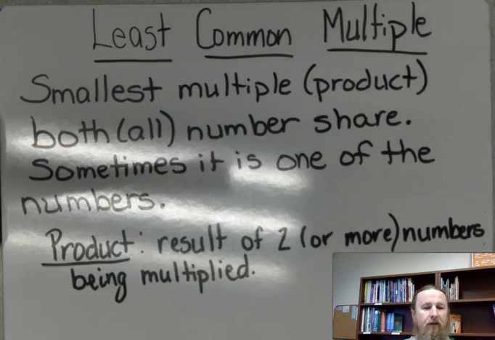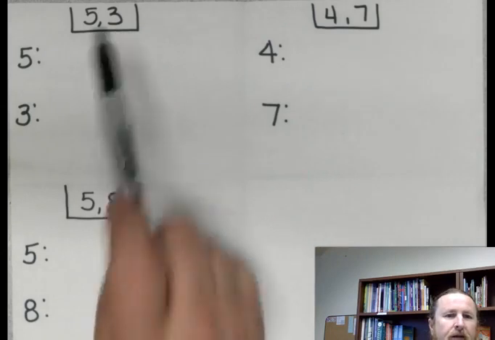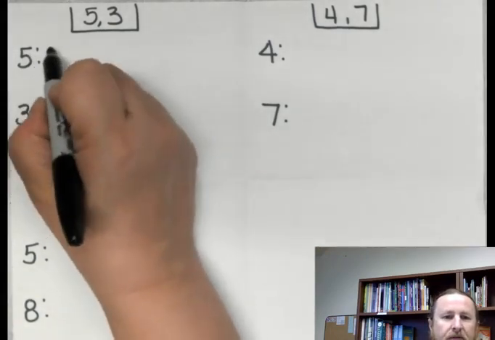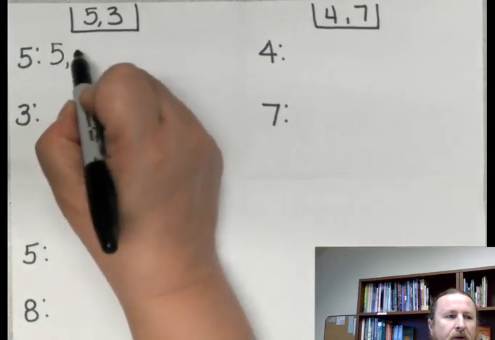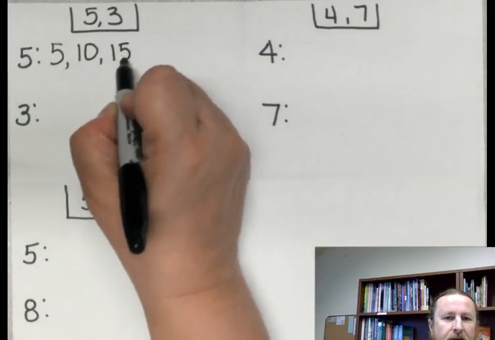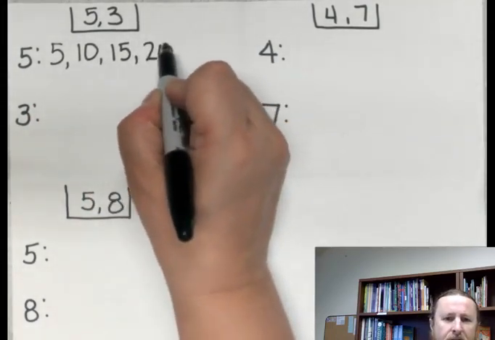Now let's get started. The first pair of numbers we are going to look at is 5 and 3. So we're going to list out our multiples of 5. We're going to start with 5, then 10, then 15. And then just because we want to be sure we go far enough, we'll go to 20.